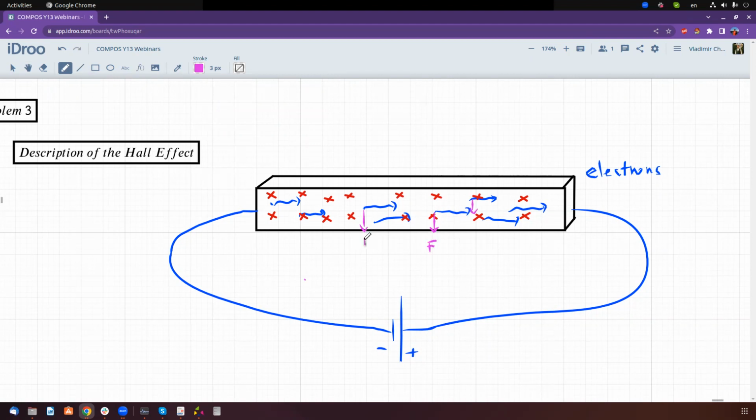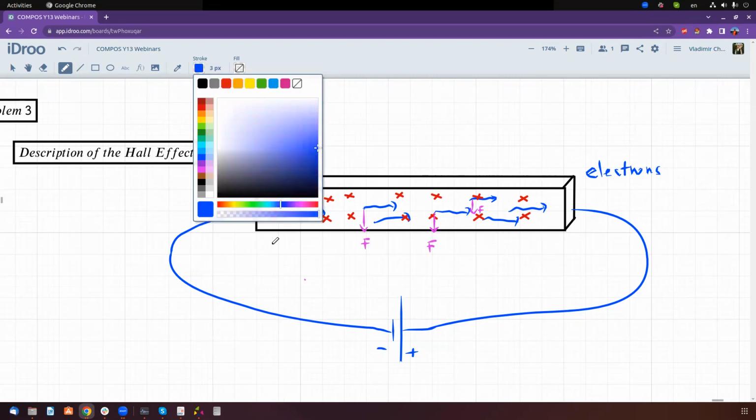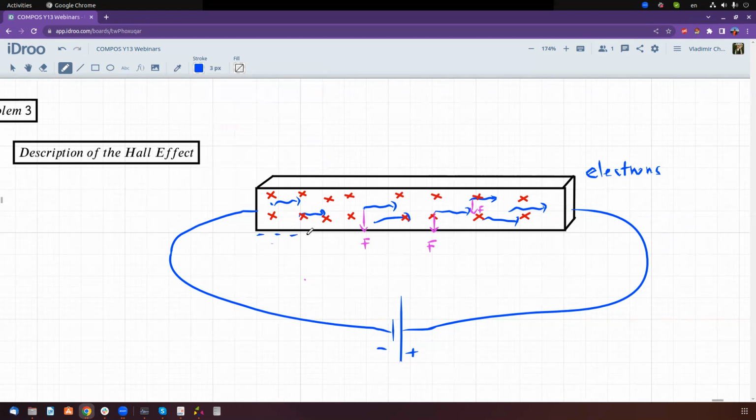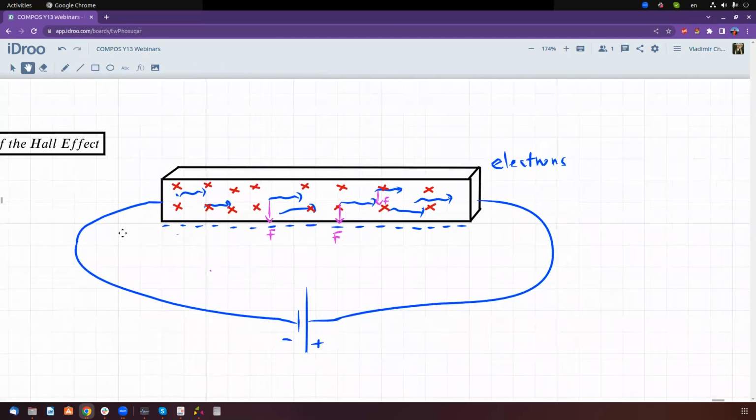That means that the bottom of the conductor would become negatively charged, because there would be an excess of electrons on the bottom side, and there would be a lack of electrons on the top, so the top would become positively charged.